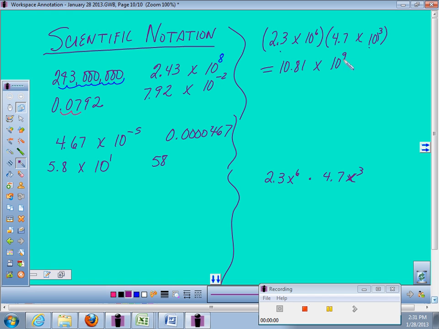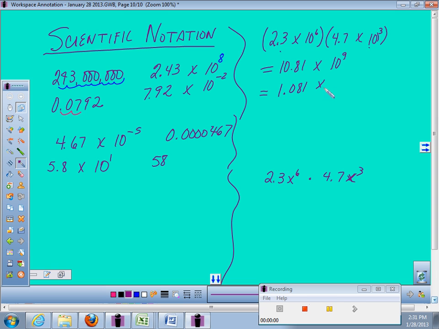Is that a proper answer in scientific notation form? Can you have 10.81? If I move the decimal 1, we all know I need to change the exponent by 1.